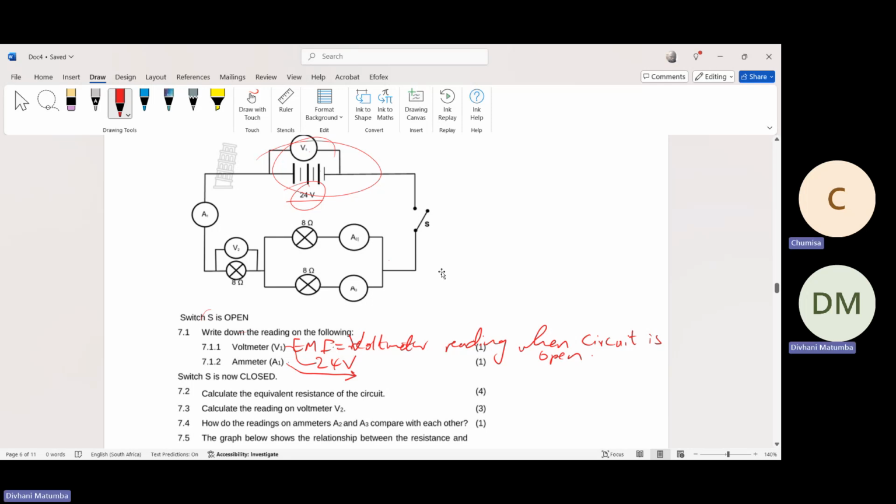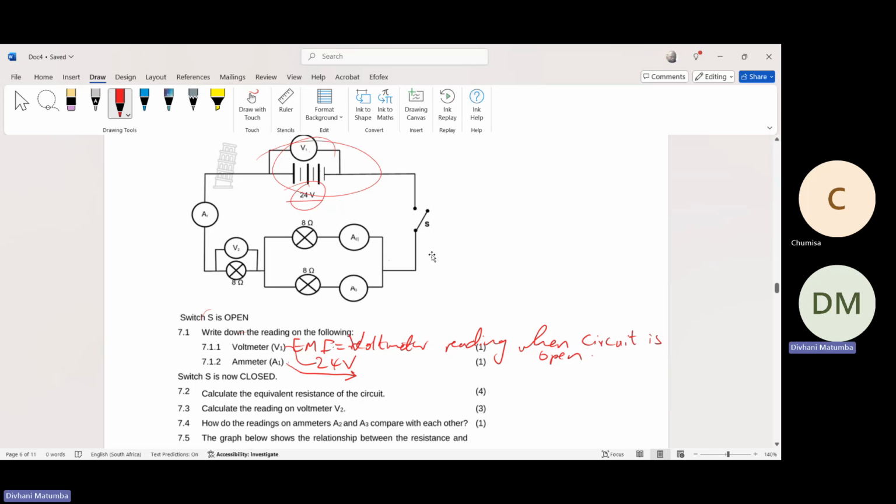And also, what is A1? Is it the resistance? Is it the current? Is it the potential difference? It's the current, sir. What is the definition of current? The rate of flow inside the conductor.